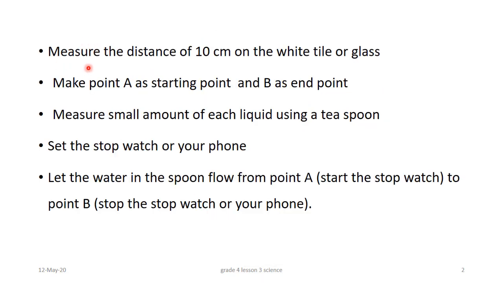So this is what I was explaining. You measure a distance of 10 centimeters, make point A the starting point and B the end point. You set the stopwatch or your phone, and you let the water in the spoon flow from point A. Here you are starting with water, so water will flow from point A to point B. Make sure you do it slowly.